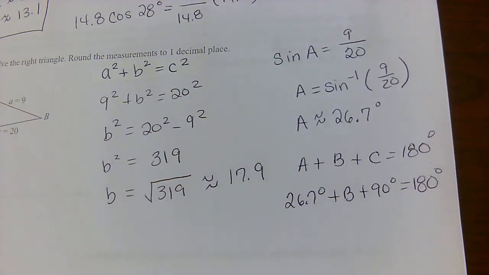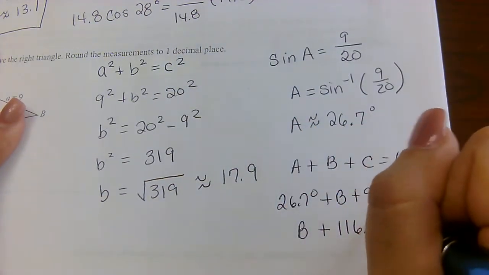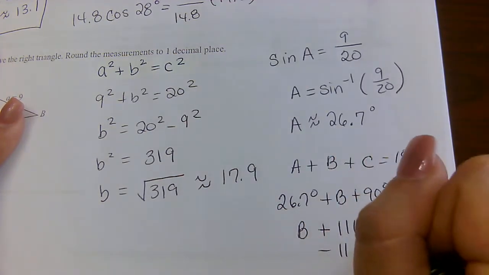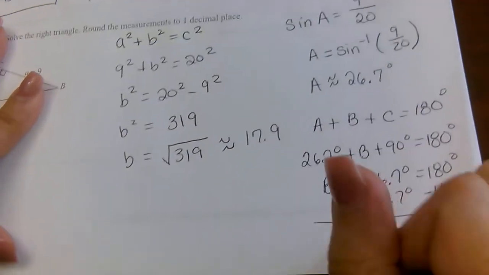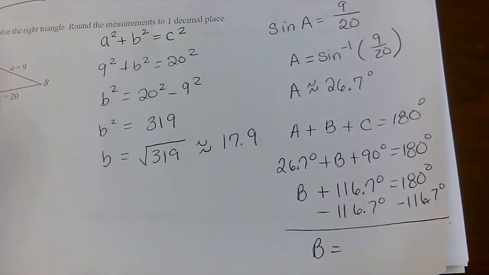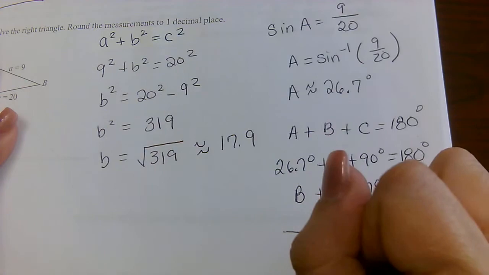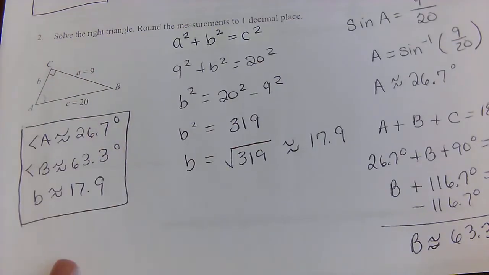So 90 plus 26.7 is 116.7, plus B is 180, and then subtract on both sides. And I get 63.3 degrees. And this is an approximation as well. Okay, and there are your solutions.